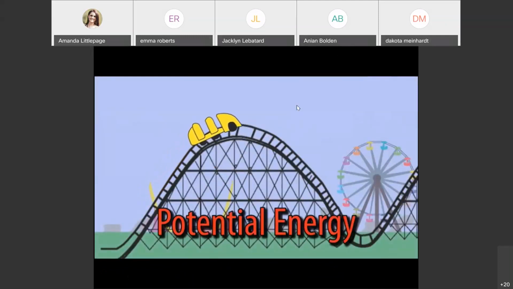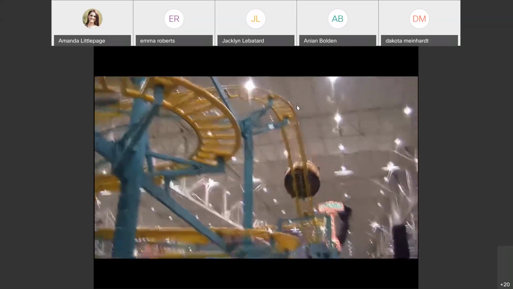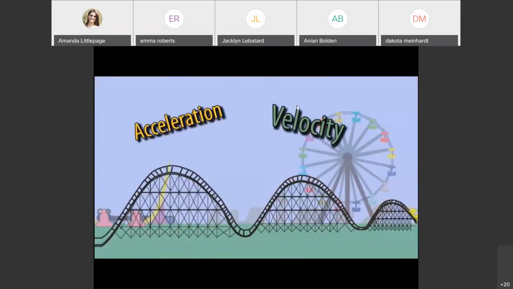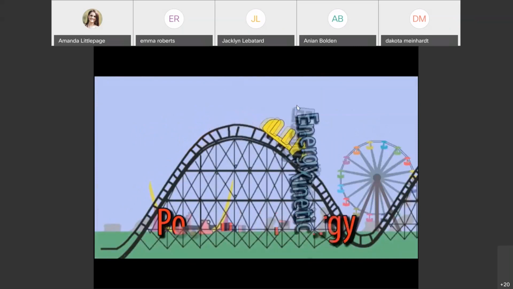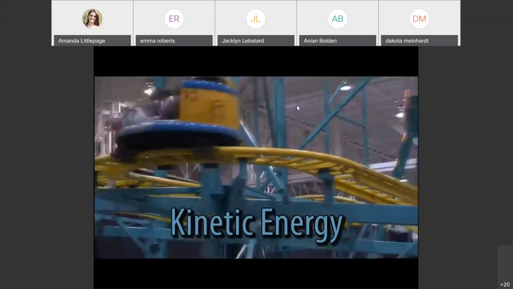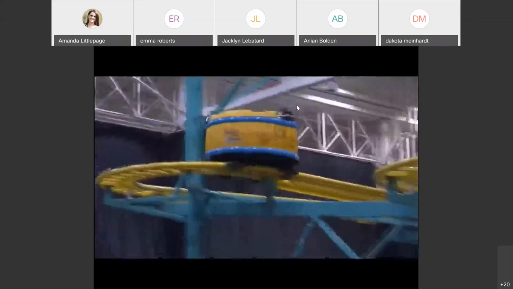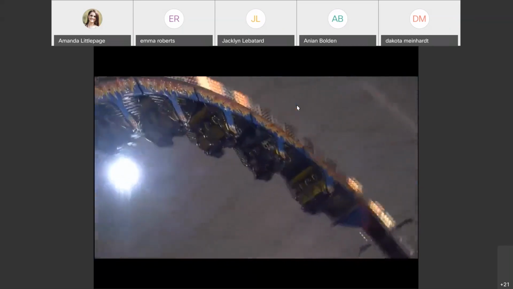Then, you finally get to the top of the hill and gravity pulls you down the track, which increases your acceleration and velocity. This turns the potential energy to kinetic energy. Kinetic is energy that is being used or energy that is caused by motion. The roller coaster goes faster with more kinetic energy being used, which is why the car gets faster towards the bottom of the hill.